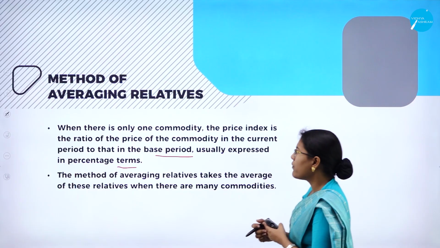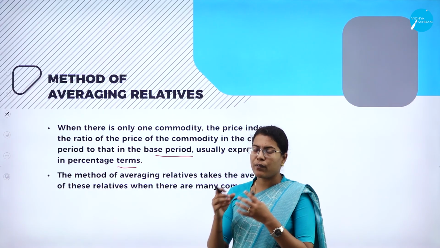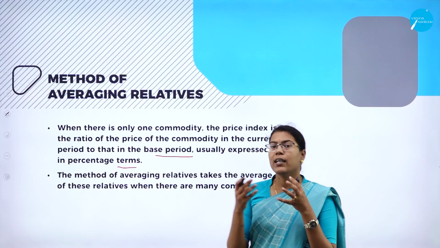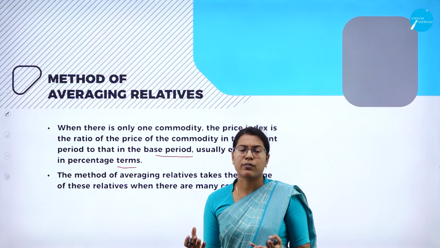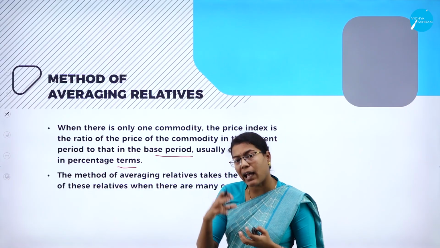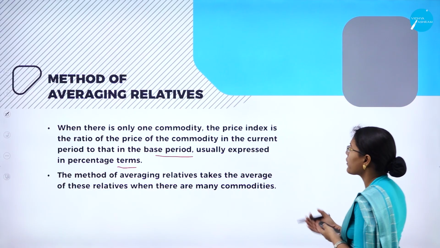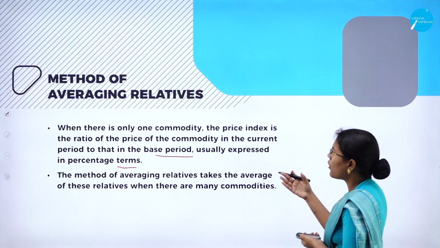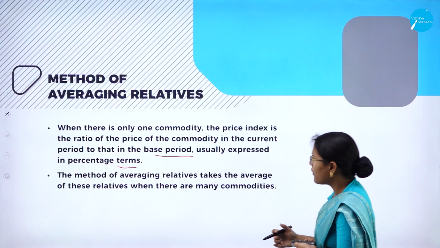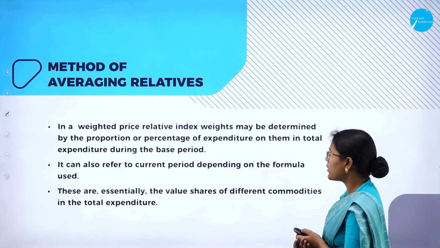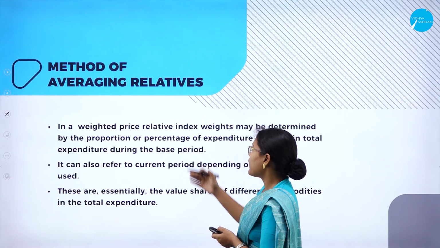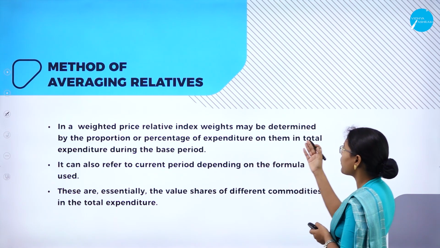So under averaging relatives, when it is one commodity, it is easy to express in percentage, but when there are different numbers of commodities, then we take the average of those commodities for calculation. That is why it is called averaging relatives. That means relative commodities or similar commodities. And in a weighted price relative index, the weights may be determined.